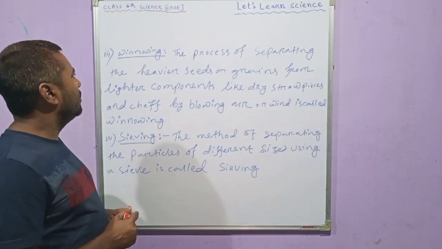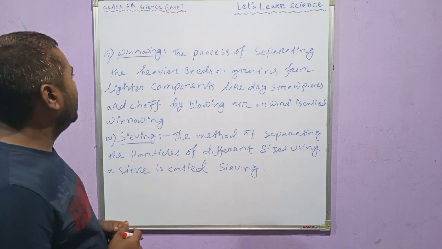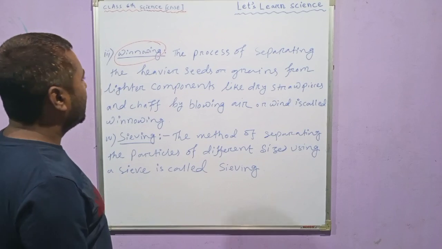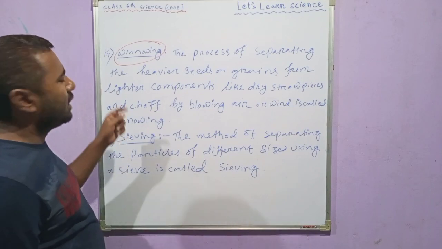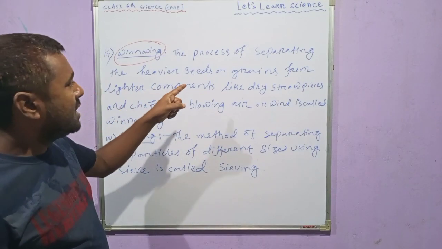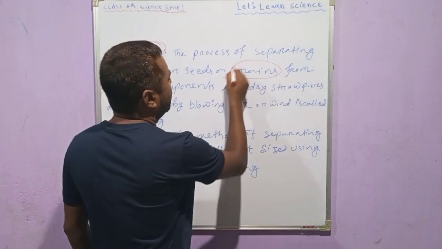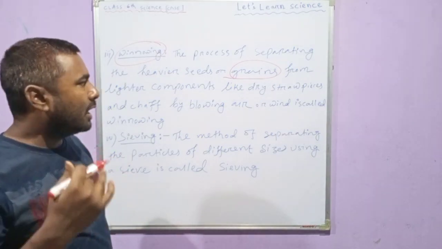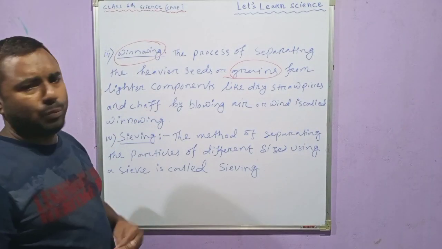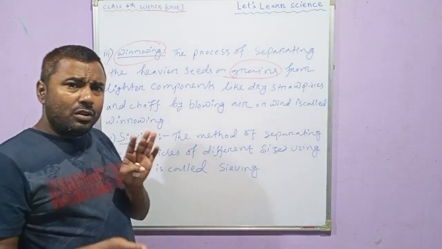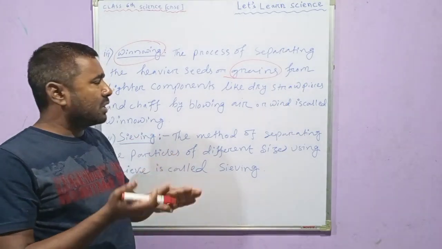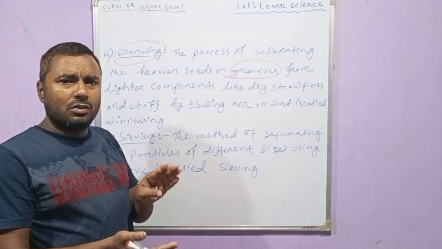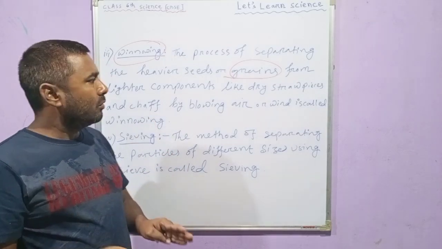What happens in this method? It is the process of separating the heavier seeds or grains from the lighter component. Here the basis of separation is the weight of the particles, whether they are heavier or lighter.